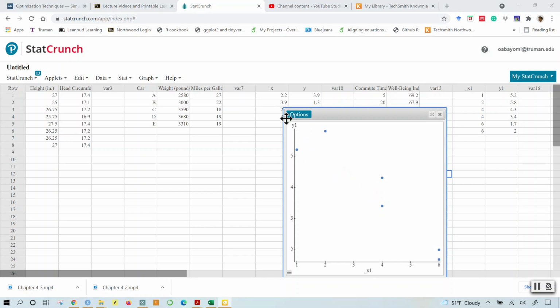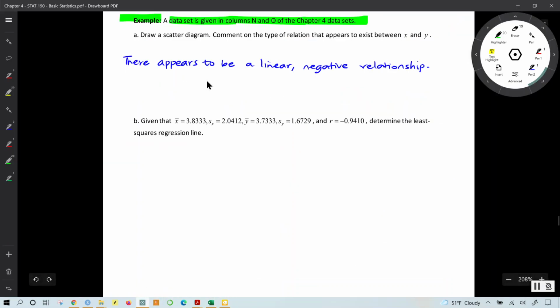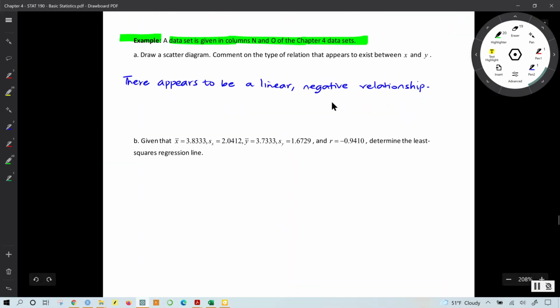Just to emphasize, I can see that there is a sloping downward from left to right, and that a line can best approximate this. So I would say that there appears to be a linear negative relationship. So that is what I have here in question A.